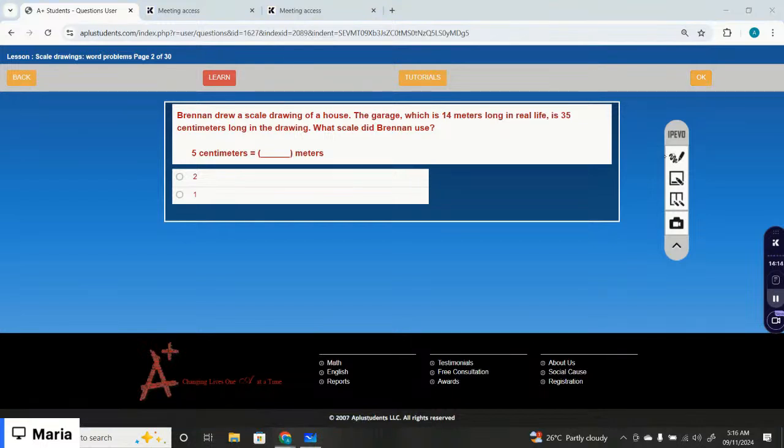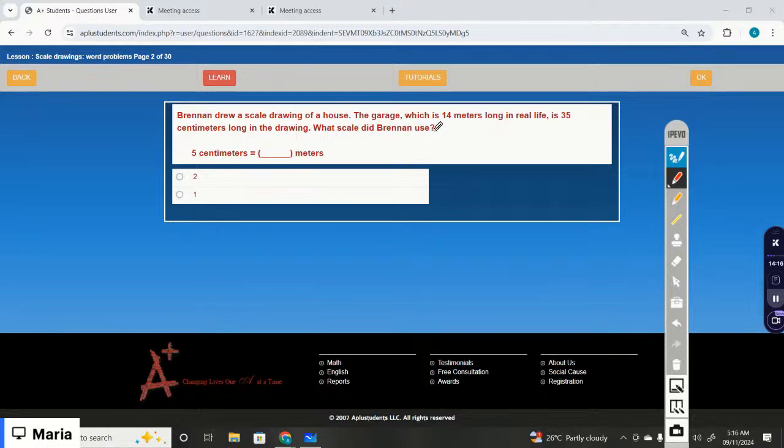That is, the garage which is 14 meters long in real life is 35 centimeters long in the drawing, right?